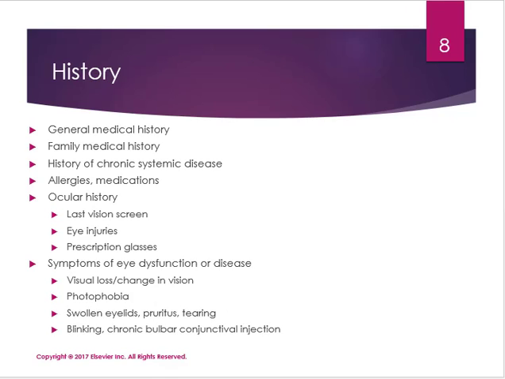So when you go in to do an assessment of the eye, as with all body systems, it's important to get a thorough history. We want to do a careful exam and then utilize certain screening tests.